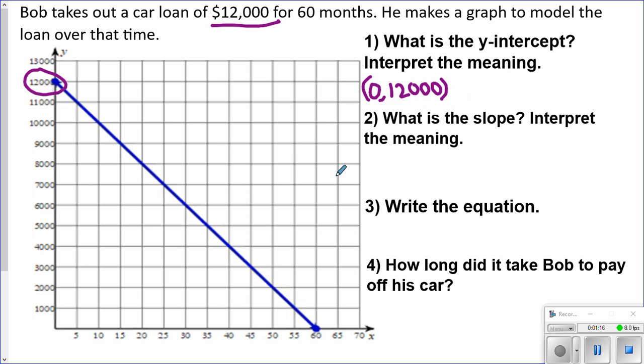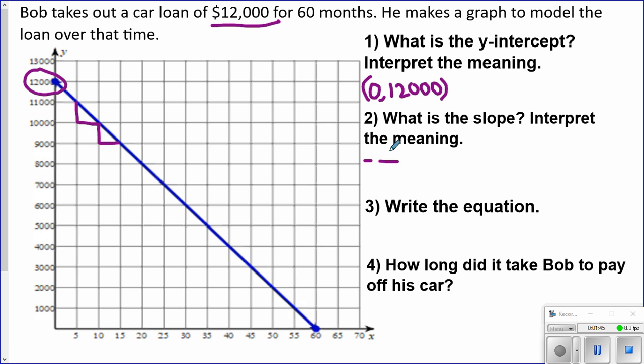Number 2, what is the slope and interpret the meaning? So remember, to find the slope, we're going to count the rise over run. Well, I know that this line is decreasing or declining, so my slope is going to be negative. And I'm going down 1 box, but what is each box worth?